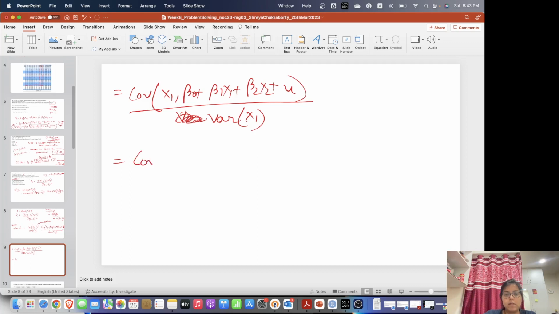If we split it, beta naught is a fixed quantity, the true intercept.